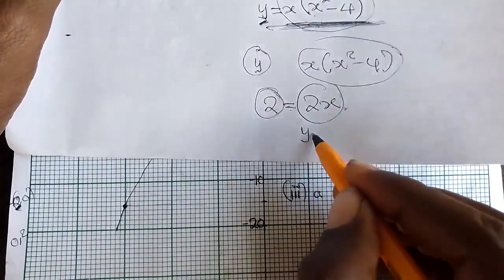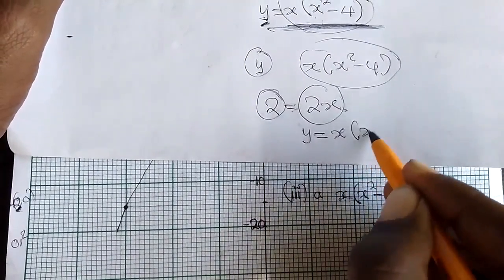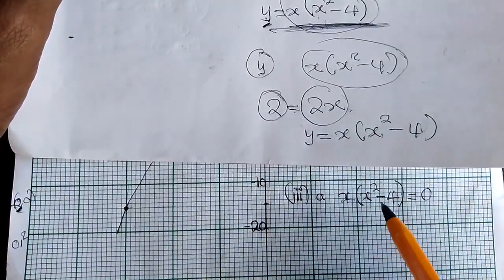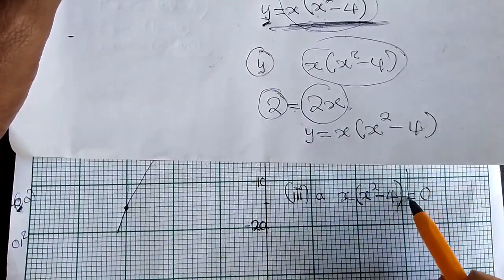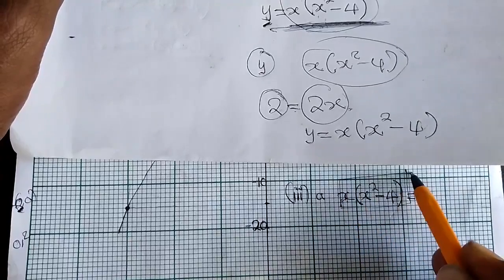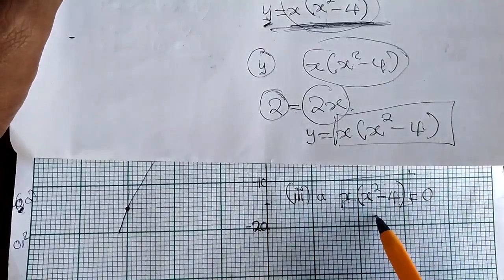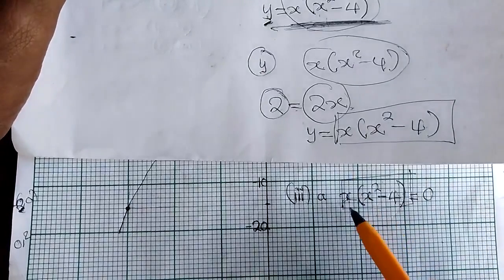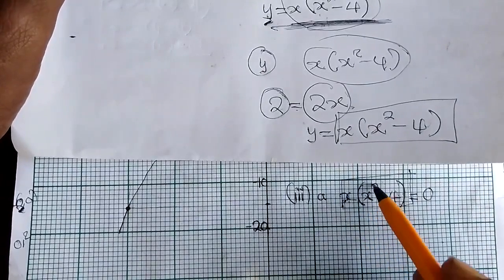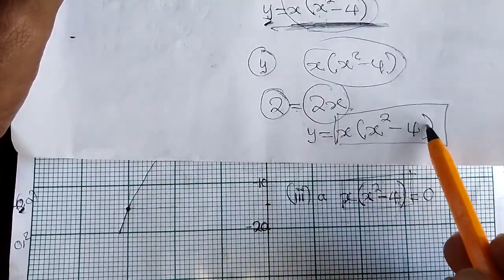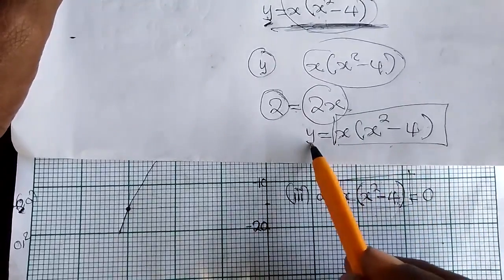There it is saying y is equal to x squared minus 4. Is this part the same as this part? I've got x, open bracket, x squared minus 4. Is it the same with x squared minus 4? Yes. Y is equal to that.